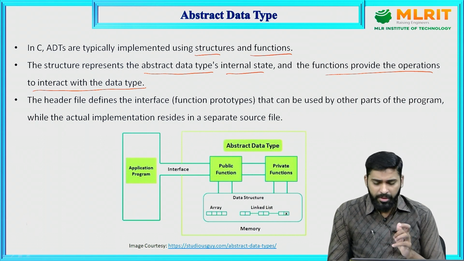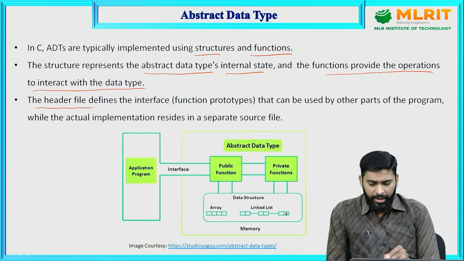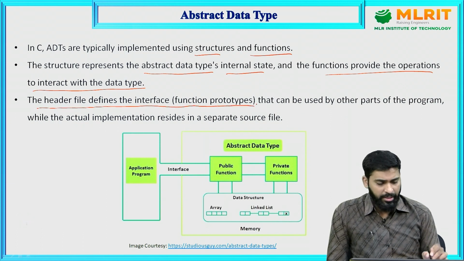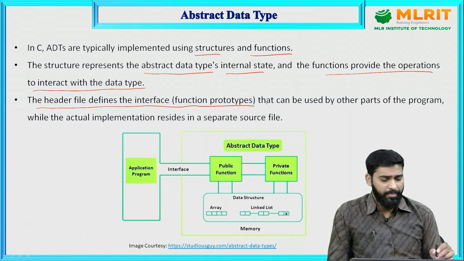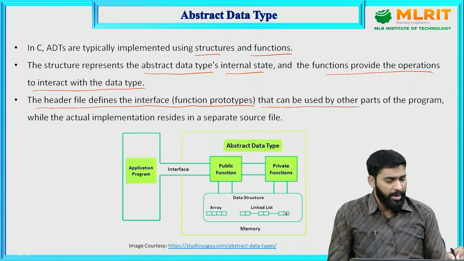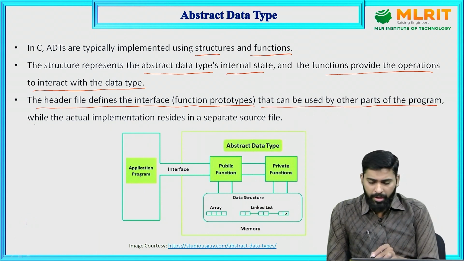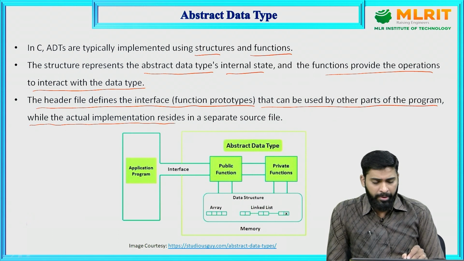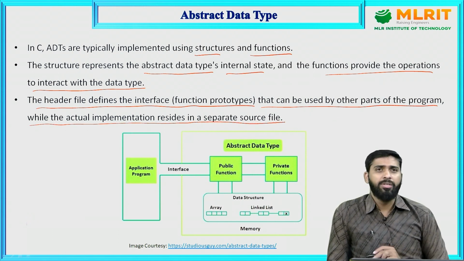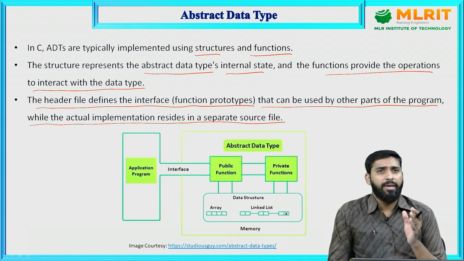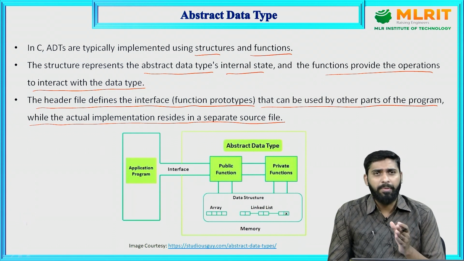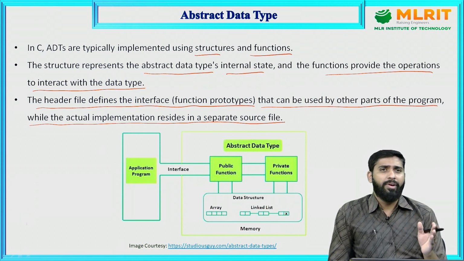Now, the header file defines the interface, that is, the function prototypes that can be used by other parts of the program, while the actual implementation resides in a separate source file. The abstract data type means the data type and functions. These functions we call operations.